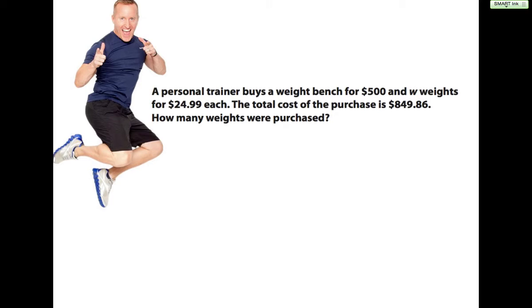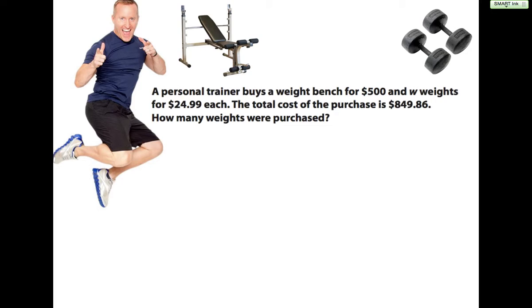Well, here's an example. This guy, his name is Skippy. Skippy is an over-enthusiastic personal trainer, and as part of his over-enthusiastic personal training, he needs to buy some equipment. So, Skippy is buying two things. He's buying a weight bench, and he's also buying some weights.